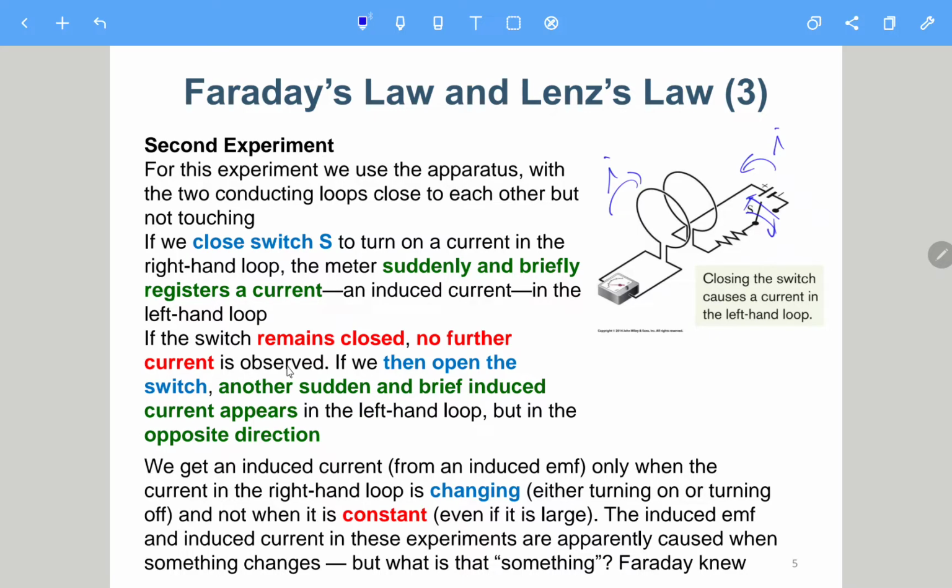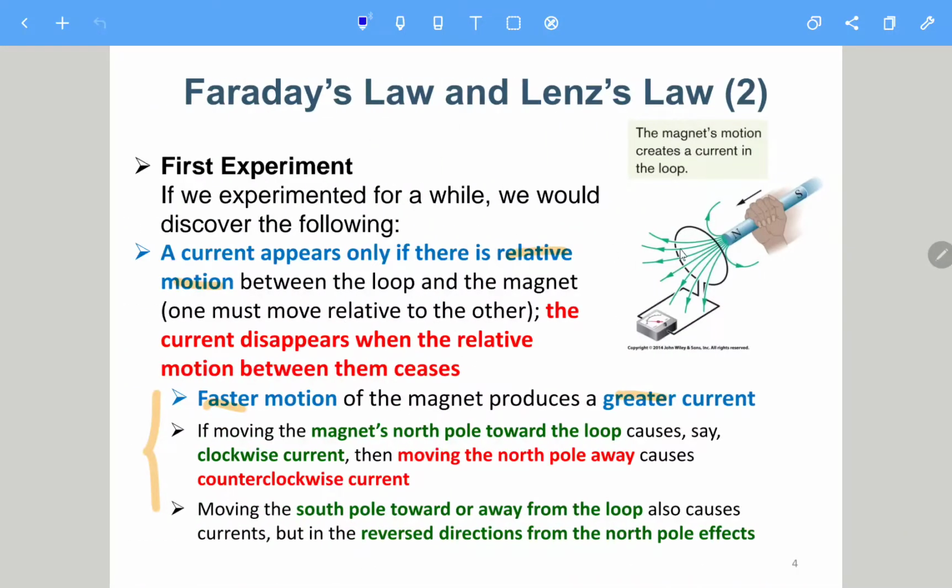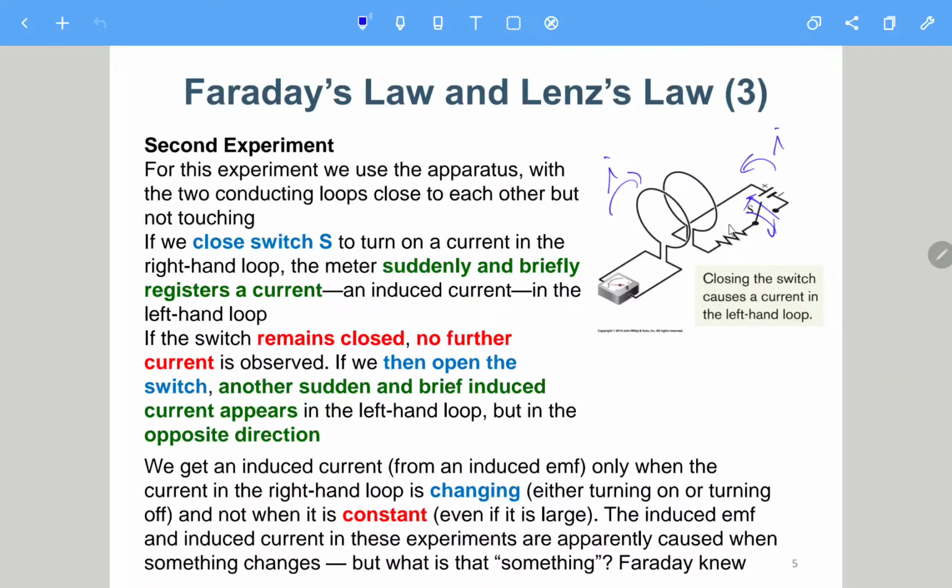Similar to the previous case, when we hold the magnet bar there, there will be no current. Then we try to open the switch, and another sudden and brief induced current appears in the left-hand loop, but in the opposite direction.